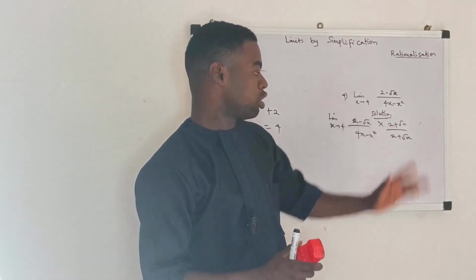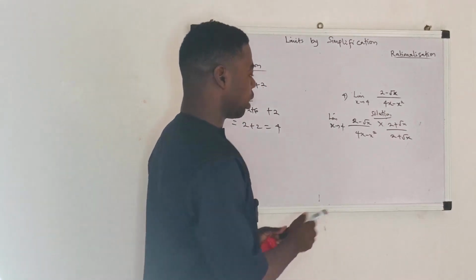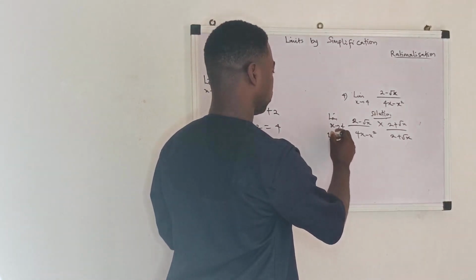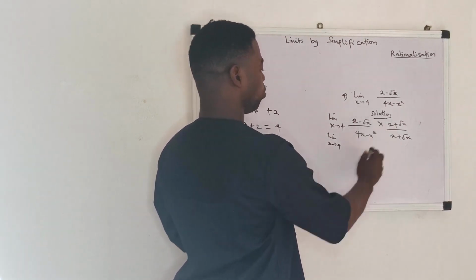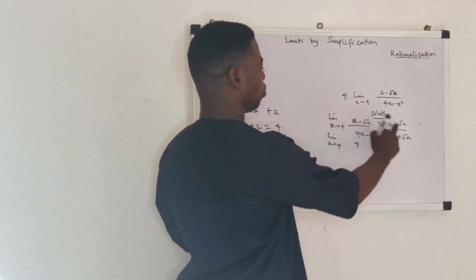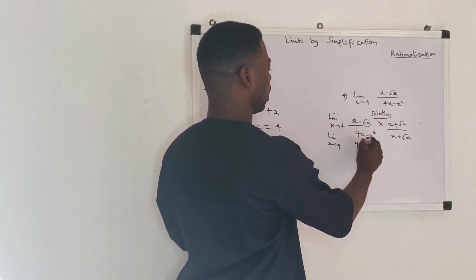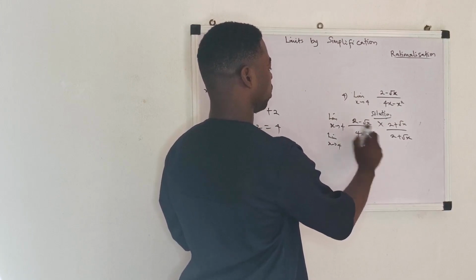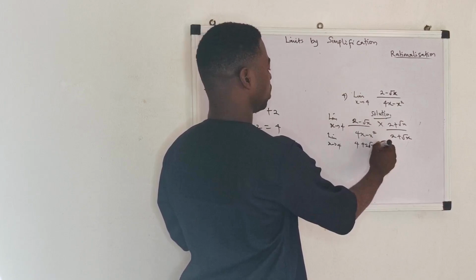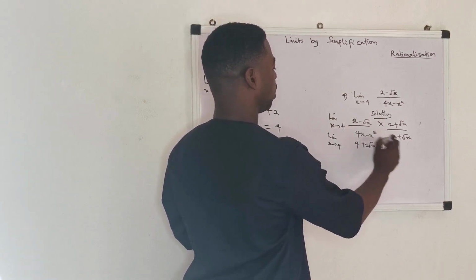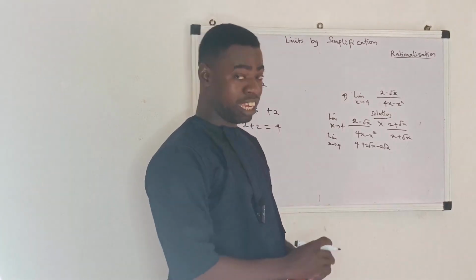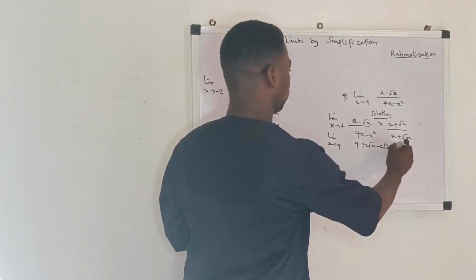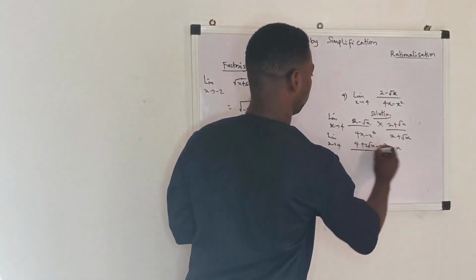So I'm multiplying the numerator: 2 times 2 is 4, and 2 times root x is plus 2 root x, minus root x times 2 gives minus 2 root x, and root x times root x gives x, but I have my minus sign here, so this is minus x.